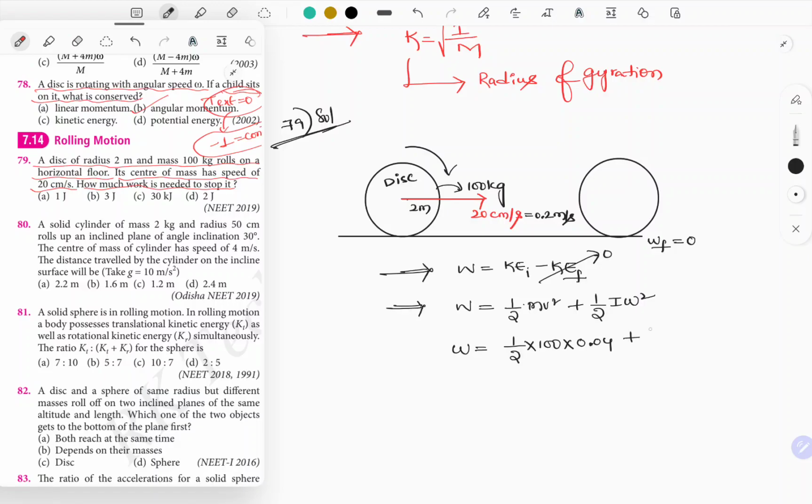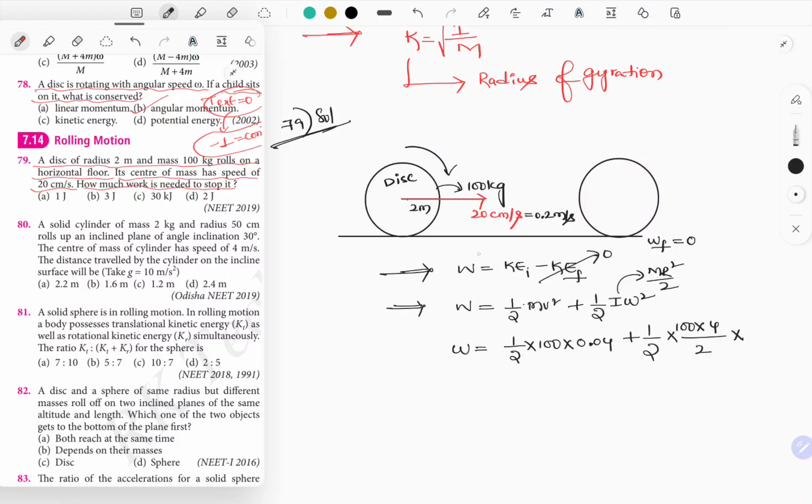Plus 1/2 I, where I is mr²/2. So m is 100, r is 2 meter, 2 squared is 4, divided by 2, into ω squared.